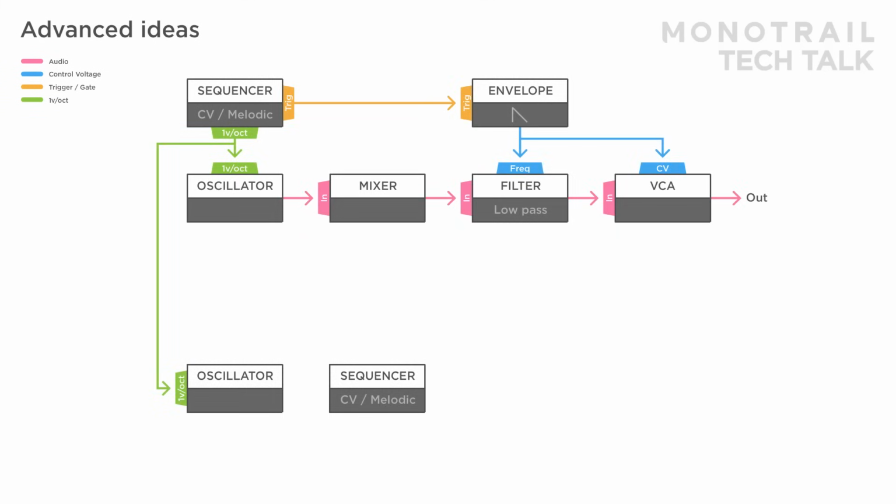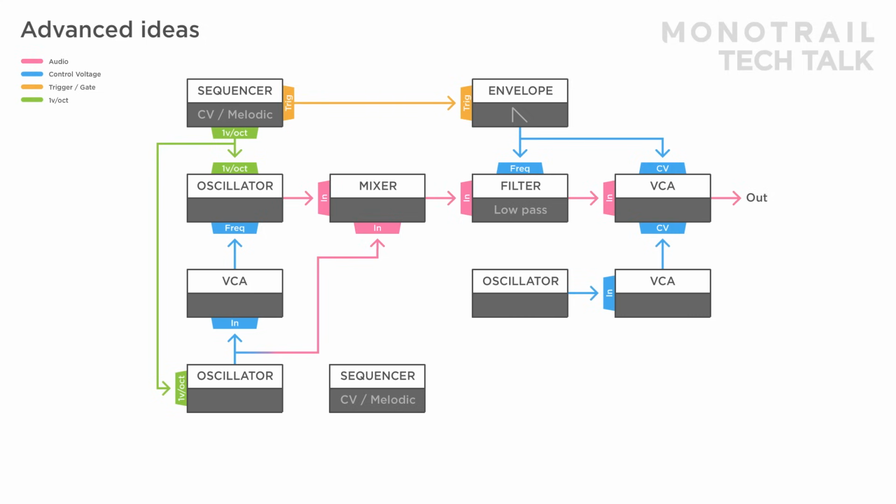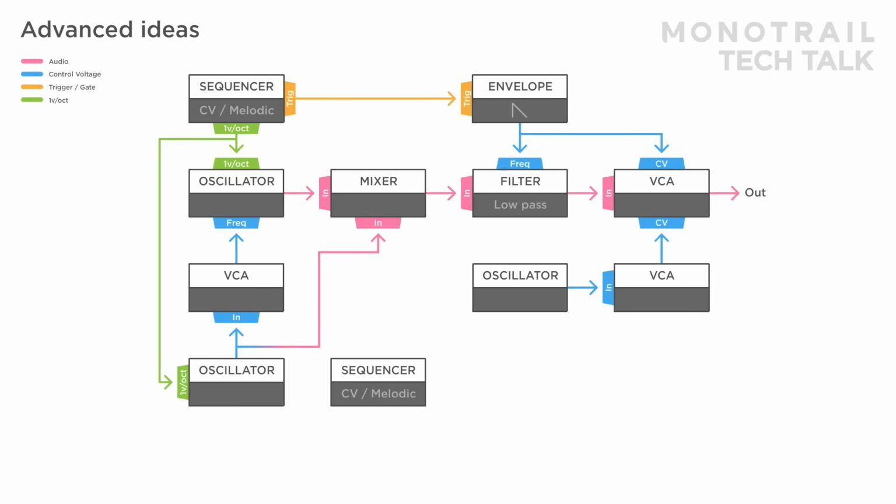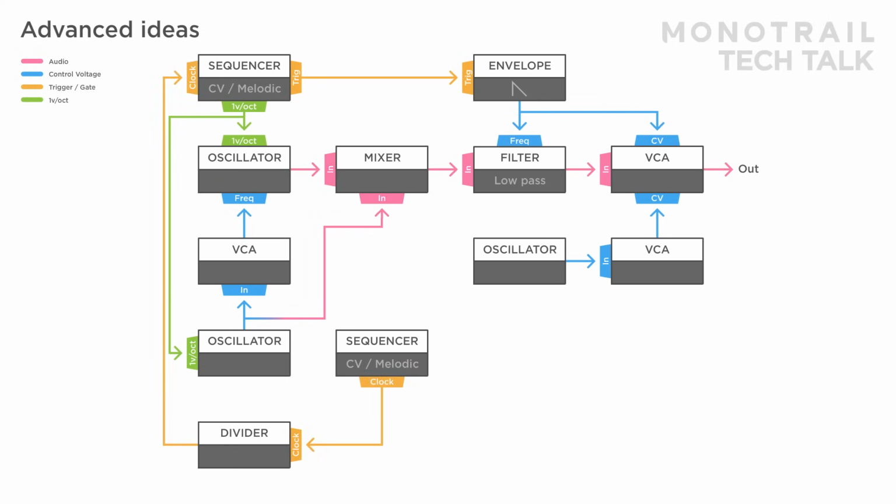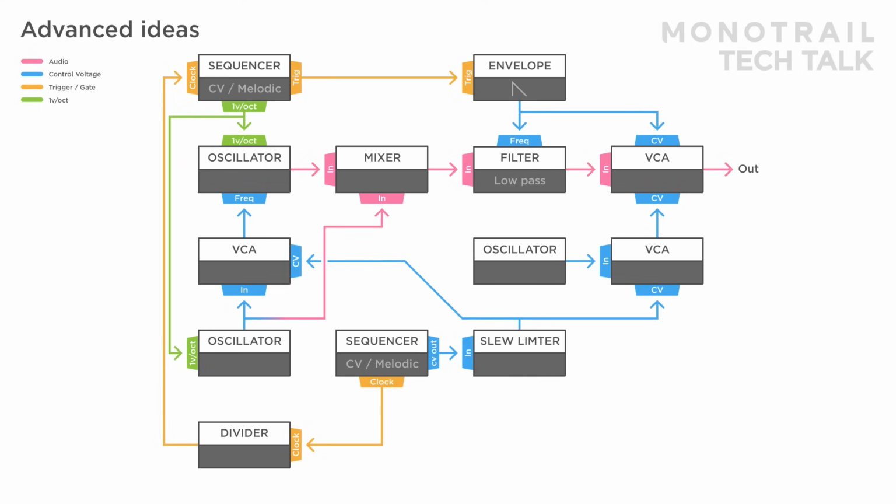Here's the patch with FM through a VCA from second oscillator to the first, and AM from an untuned oscillator through a VCA to the voice's VCA. The modulation sequencer is the master clock and the melodic sequencer is running at a slower division. The modulation sequence is sent through a slew limiter before modulating both VCAs.